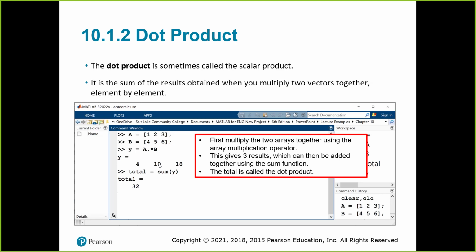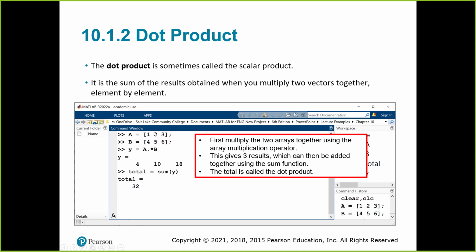Okay, so the dot product. This is one of the first basic matrix algebra functions that we use in this course. Basically what it does is it takes two vectors of the same size. They have to be the same size, 1 by 3, 1 by 3.